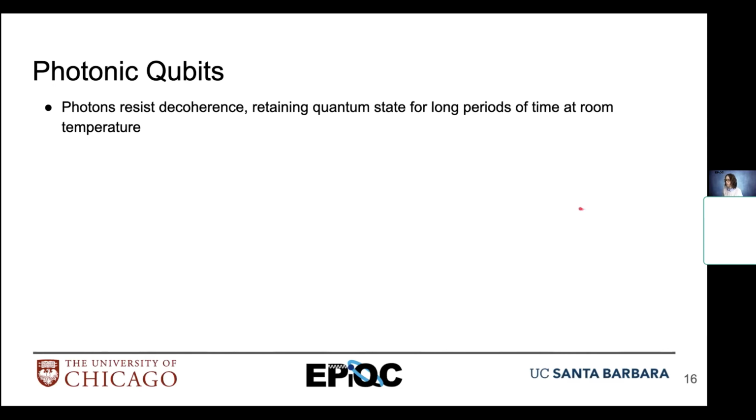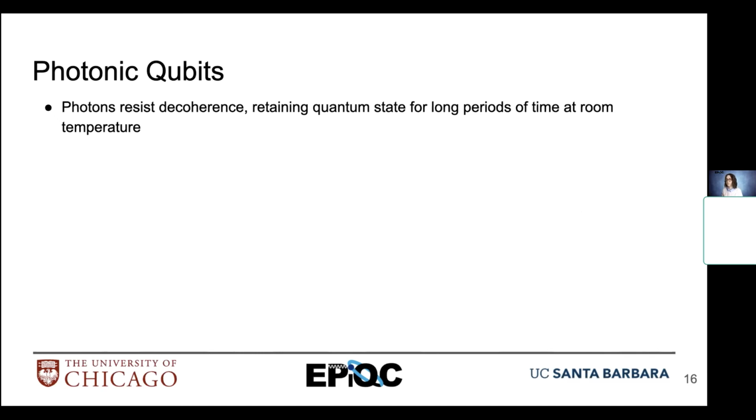Unlike other quantum systems that must be super chilled, so think about those superconducting circuits, think about those trapped ions, those systems need to be kept very, very cold in order to work. But photonic quantum systems don't need to be kept cold. In fact, there have been quantum photonic demonstrations that are just on a tabletop at room temperature.